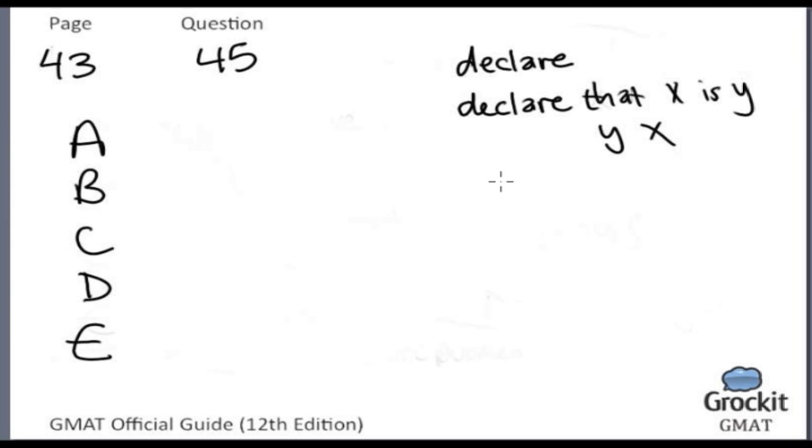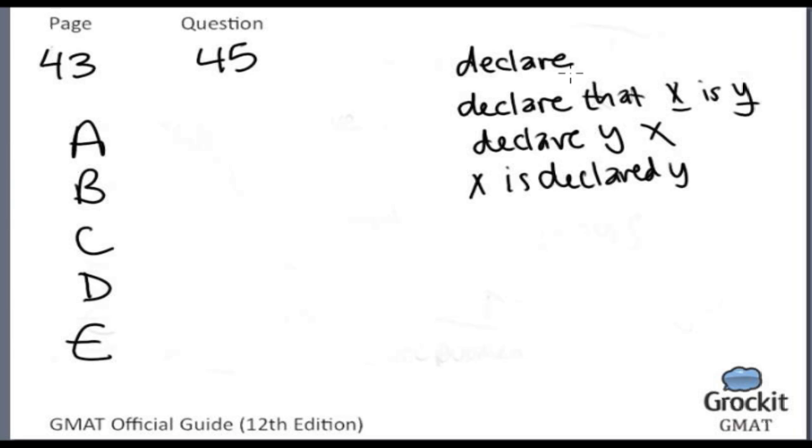You can do that, and you can also say X is declared Y. Maybe I should underline these and rewrite this in here so it's clear. You can declare Y X. X is declared Y.